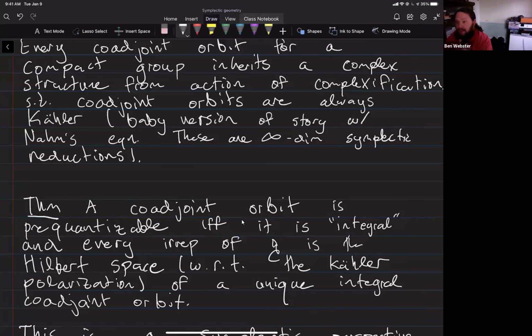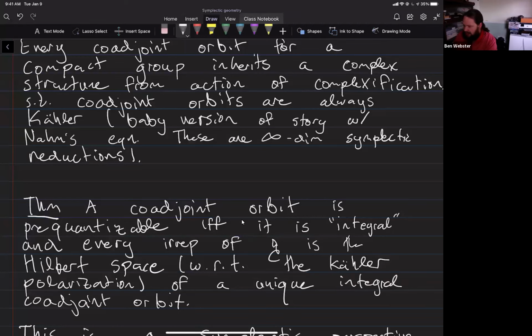But once I pick out those pre-quantizable orbits, every finite dimensional irrep of G, and because of compactness, every irrep is finite dimensional, is the Hilbert space with respect to the Kähler polarization of a unique integral coadjoint orbit. And the symplectic form on the coadjoint orbit tells me what the representation is.